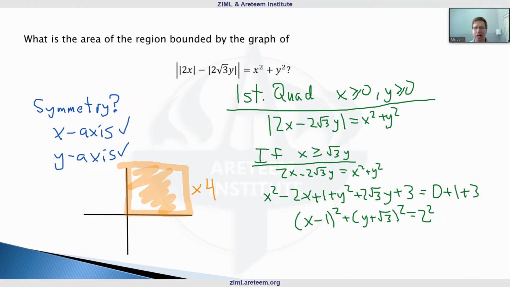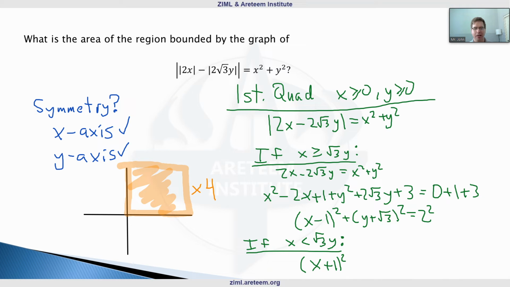And we're not going to do all of the details of it, but you can pretty easily see in the other case, if x is less than square root of 3 y, the whole picture is reflected in a sense, and instead of x minus 1, we have x plus 1.